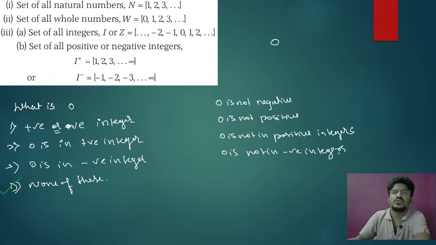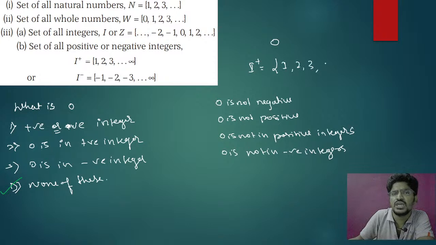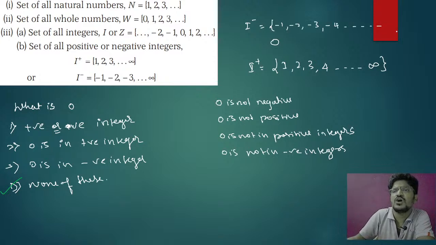Whenever I say positive integers, they start with 1, 2, 3, 4 and go on towards infinity. Whenever I say negative integers, they start with -1, -2, -3, -4 and go on to negative infinity.